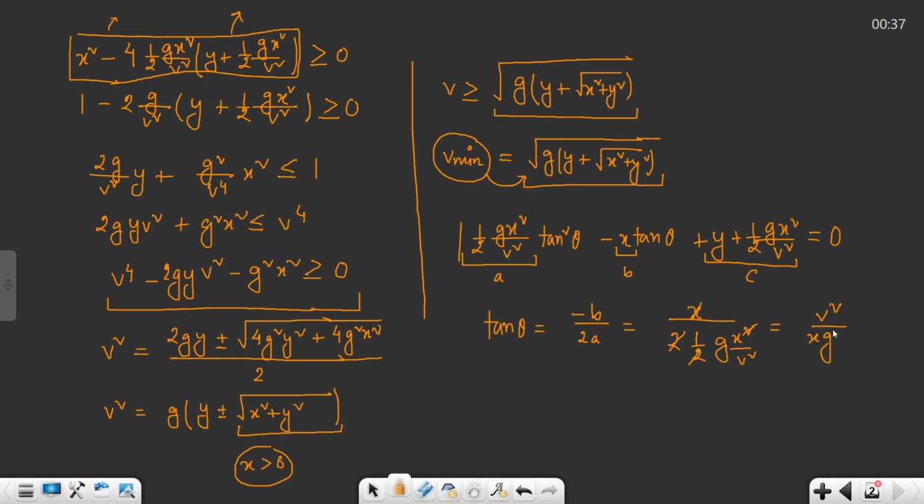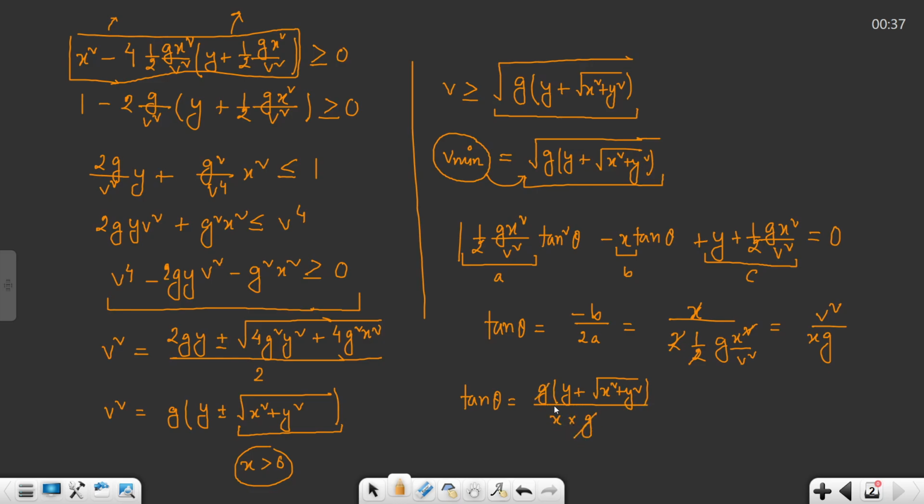Now, since the value of v is also determined, which is this guy over here, we can put that tan theta is equal to g times y plus root over x squared plus y squared, divided by x multiplied by g.